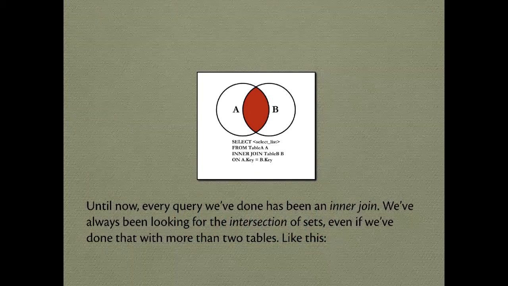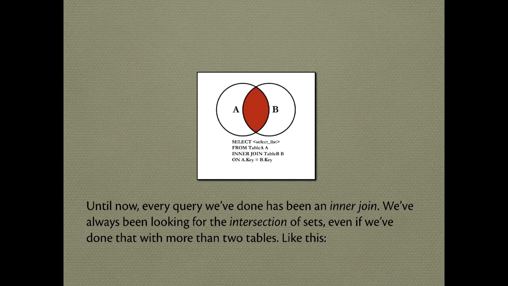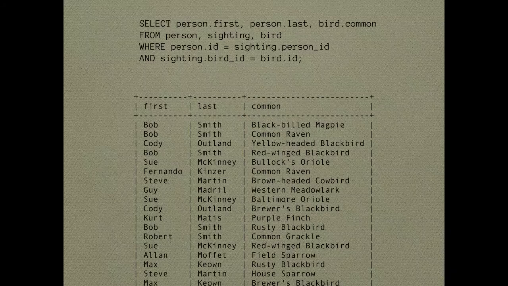All right. So as I mentioned, every query that we've done so far in this class has been an inner join of some kind. We're always looking for the intersection of those sets. Here it's diagrammed with two tables, but we could do it with more. So for example, the last multi-table query we did was this one. We looked at the citing table and we just tried to reconcile the foreign keys in the citing table of Bird Club.